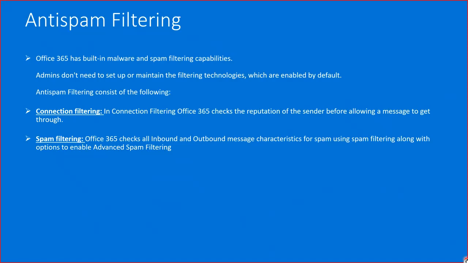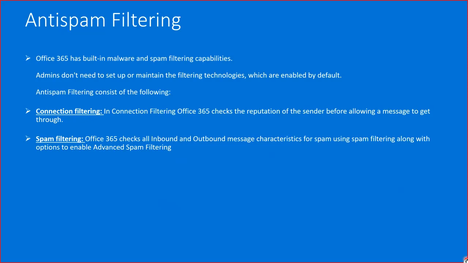And then we also have spam filtering. Spam filtering is the phase where we look at the content of the message, look at the characteristics of the message, and make a decision whether the message should be classified as spam or it should be classified as regular email. In spam filtering there are a few options that admins can control.